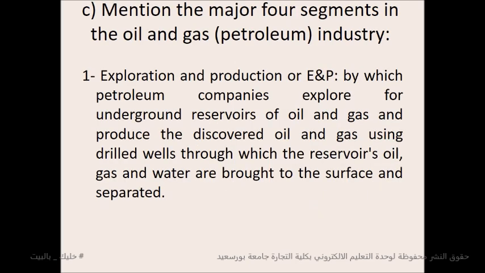Question number 3. Mention the major 4 segments in the oil and gas or petroleum industry. Number 1. Exploration and production, or E&P, by which petroleum companies explore for underground reservoirs of oil and gas and produce the discovered oil and gas using drilled wells, through which the reservoirs, oil, gas, and water are brought to the surface and separated.